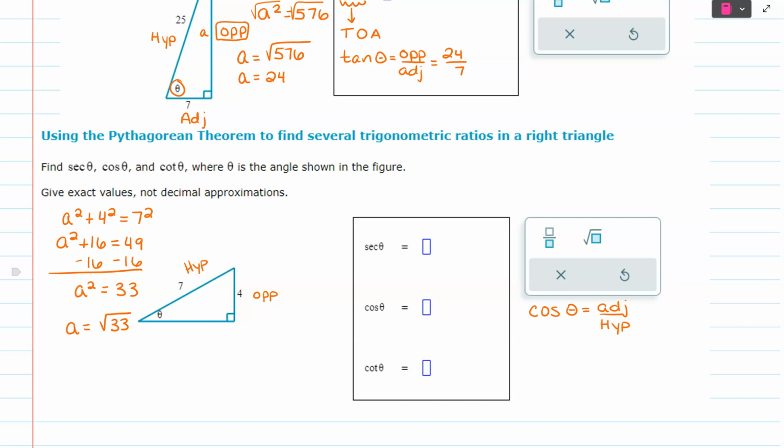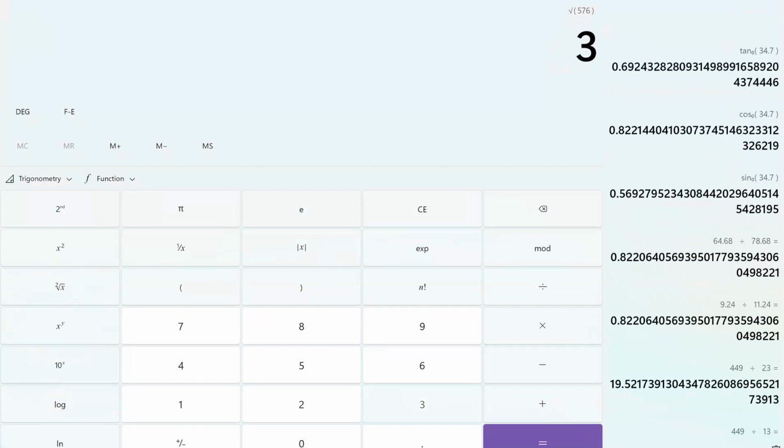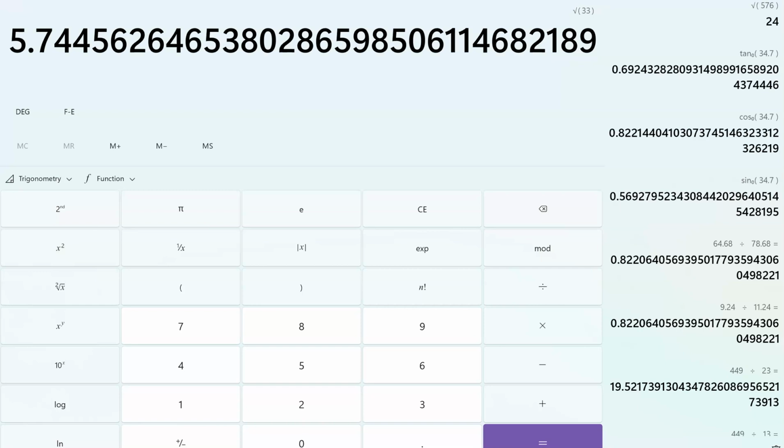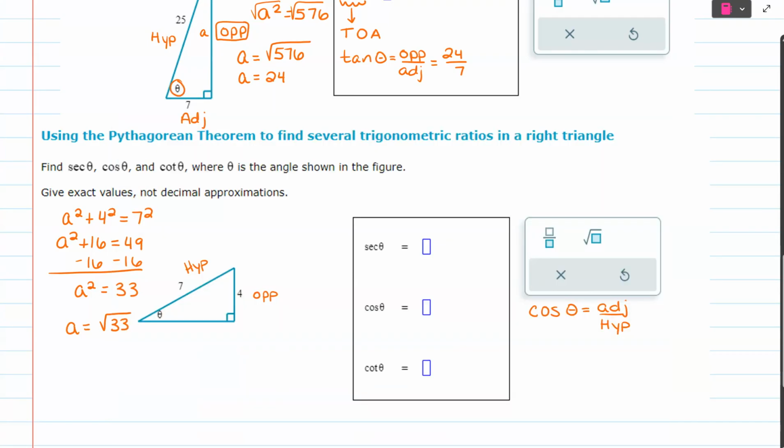Now, if you go in your calculator and you do the square root of 33, let me just show you here. Come on, calculator, 33. Square root. Oh, bummer. That's a big old decimal. So we're not going to use it. We're going to keep it looking like the square root of 33, and we're going to try to simplify that. So now 33 is 3 times 11, and 3 and 11 are both prime.